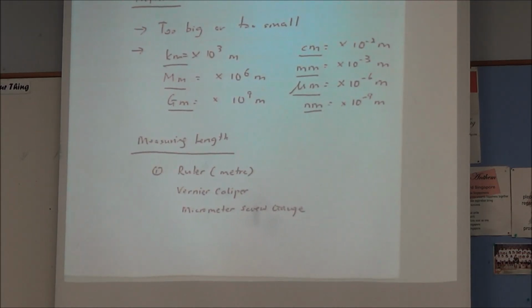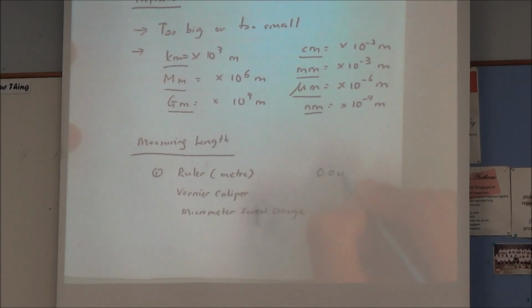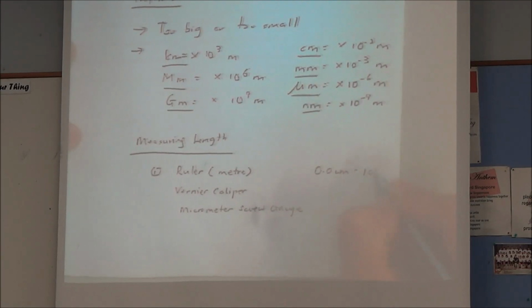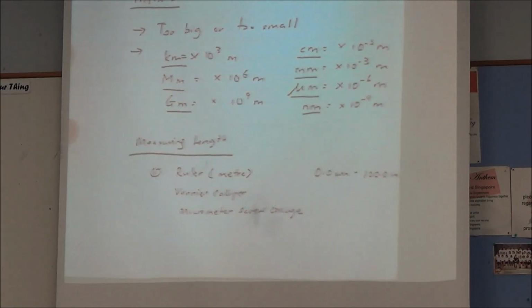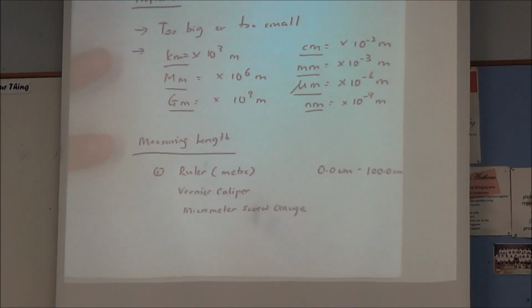The meter ruler measures anything from 0.0 centimeters to 100.0 centimeters. Later I'll explain to you why I write 0.0.